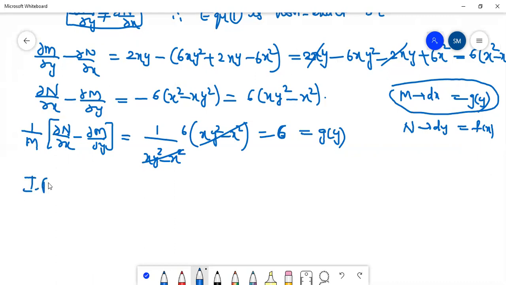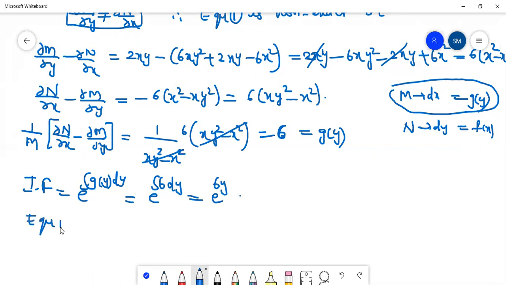In this case, the integrating factor is equal to e power integral g of y dy. If you take it as a constant with the x variable, you get the wrong answer. So e power integral 6 dy is equal to e power 6y. Then equation 1 is multiplied with the integrating factor, and it reduces to an exact differential equation.